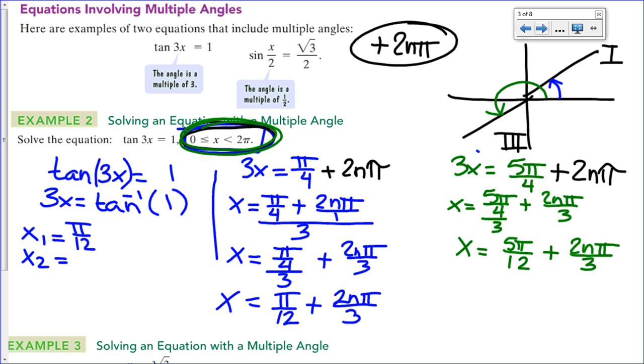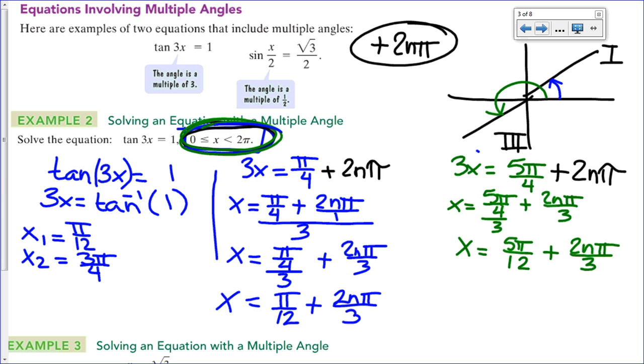So now you will add pi over 12 plus 2 pi over 3, because I'm making n equal 1. And if you have a black calculator, it should give you the reduced form, right? What do you get, Sandra? 3 pi over 4.